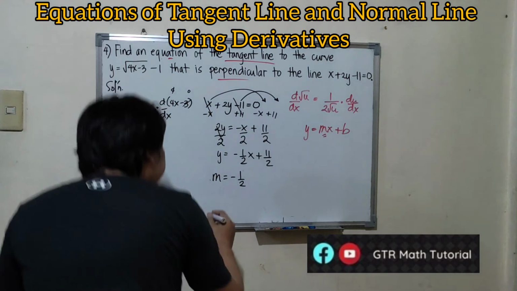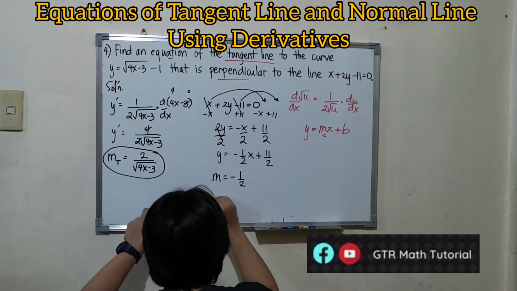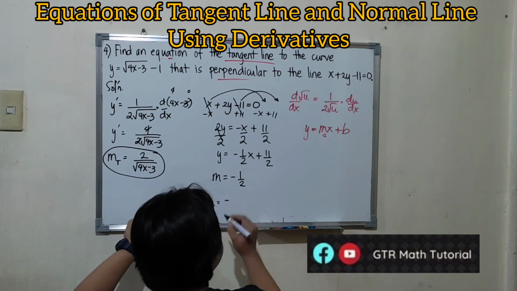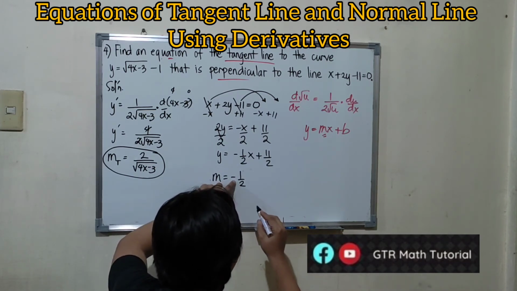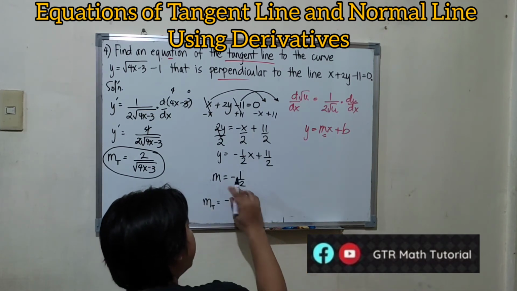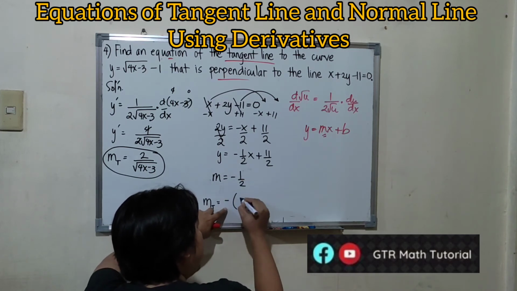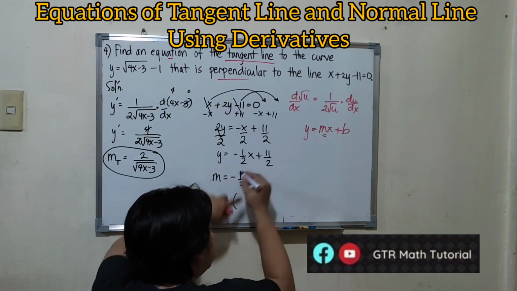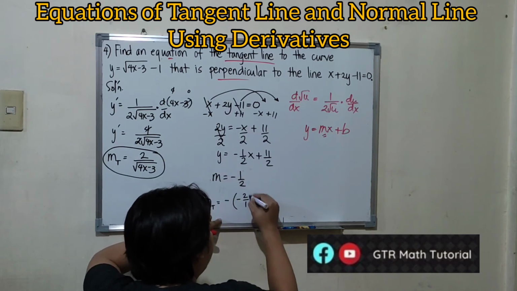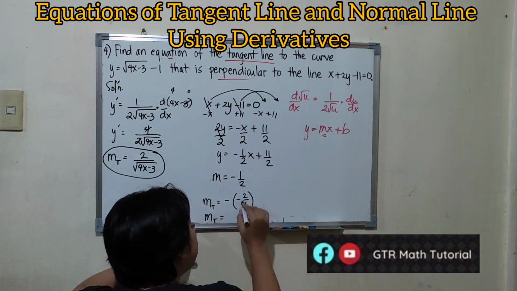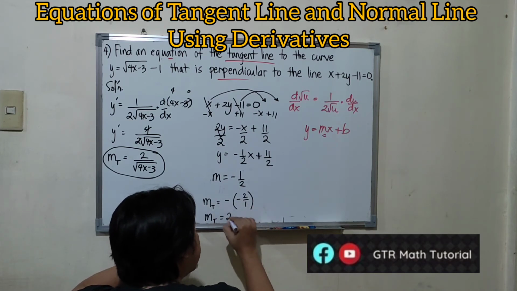So therefore, the slope of the tangent line is equal to the negative reciprocal. What is the reciprocal of negative 1/2? Just interchange. So we have 2 over 1. So therefore, the slope of the tangent line is negative of negative, so that is positive 2.